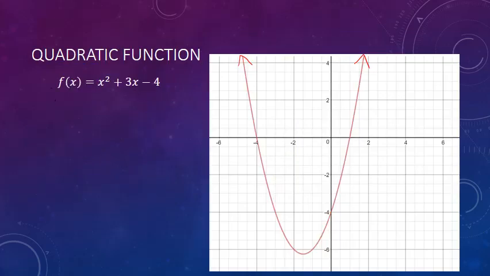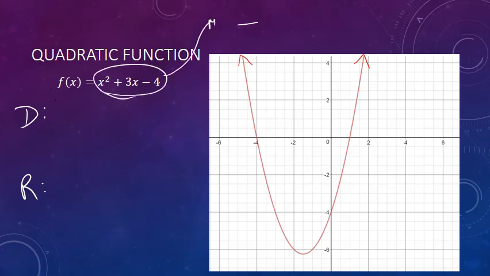All right, let's look at the next one, a quadratic function. So here's the graph of our quadratic, which we know now is a parabola. And we also want to find, again, the domain and the range. So let's think algebraically again. If you think about this function, all the numbers on the number line, is there anything that would make this function undefined?